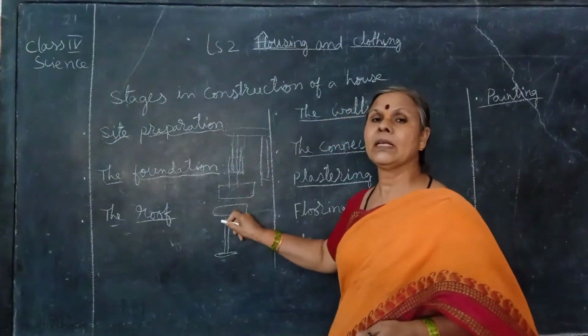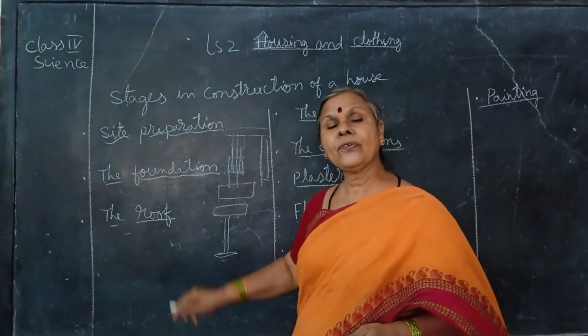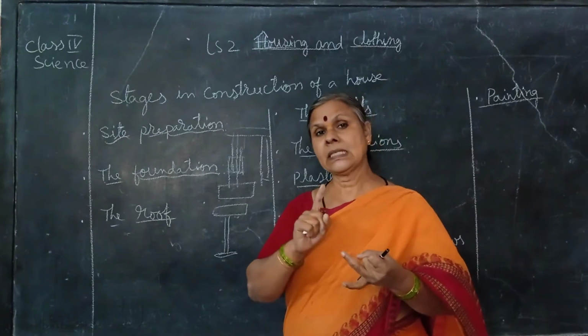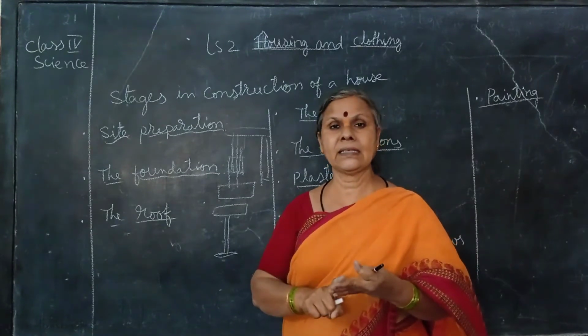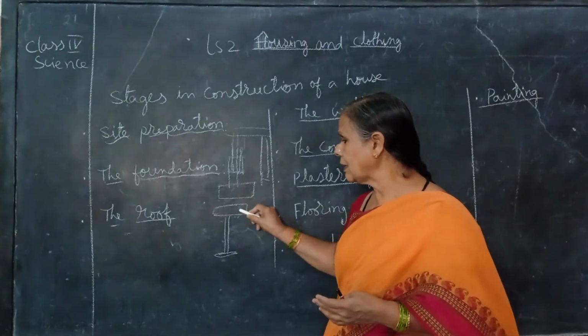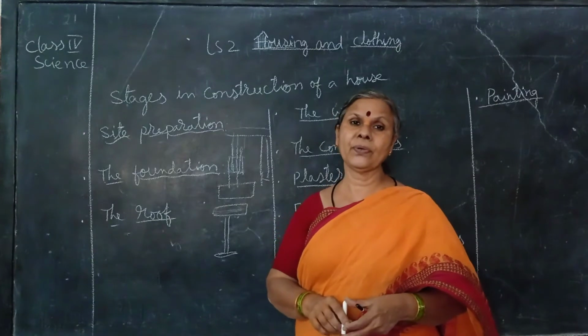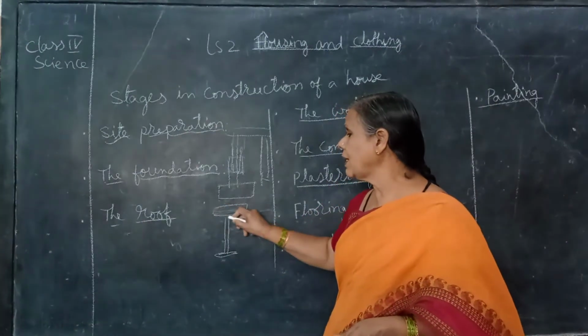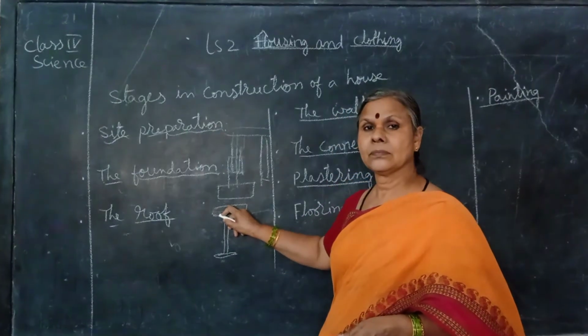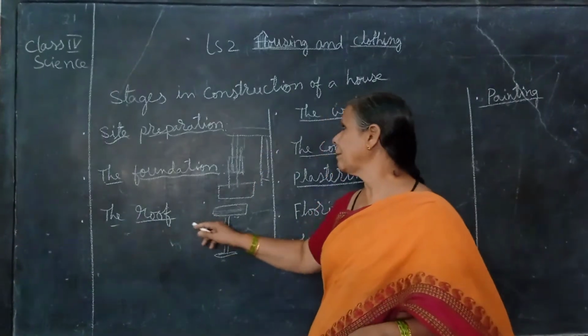On this they will be pouring the what? The mixture of stones, cement and sand and water. These are the mixtures they will be pouring in this, and they will leave it for curing for a few days. Then this will be removed. So the roof is prepared.